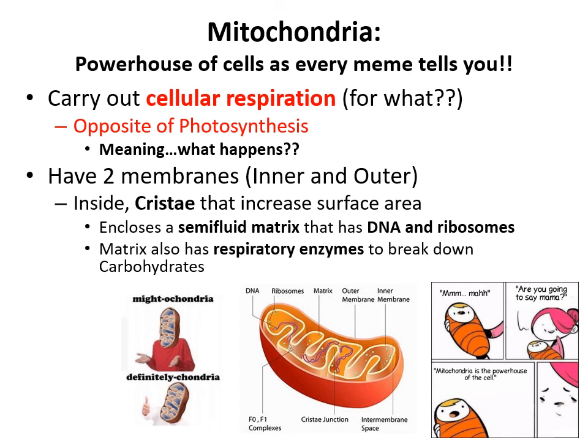Okay, that's involved in making ATP and energy. So you don't have to memorize those terms, just know that the DNA and ribosomes that you find in mitochondria, sometimes called mitochondrial DNA, are used for making proteins involved in electron transport and ATP synthesis. Okay, that's why they're so important.